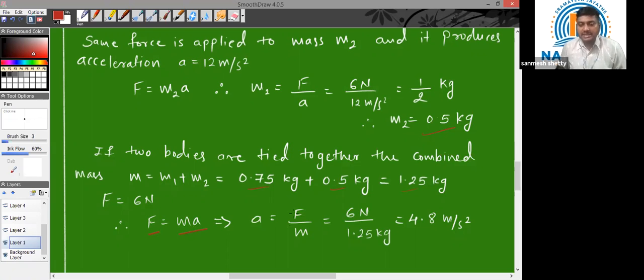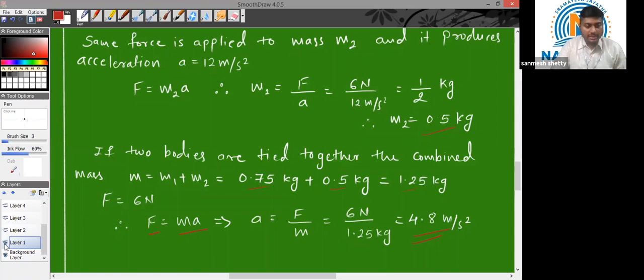So acceleration will be force by mass. Force is already 6 Newton, combined mass is 1.25 kg. The final answer comes out to be 4.8 meter per second square. This will be the acceleration of the combined mass if the same force is applied.